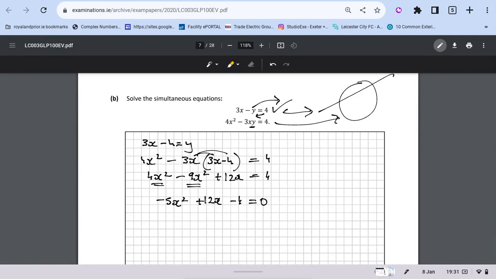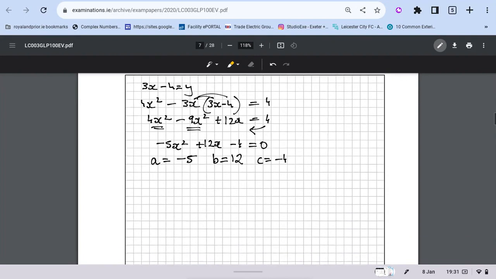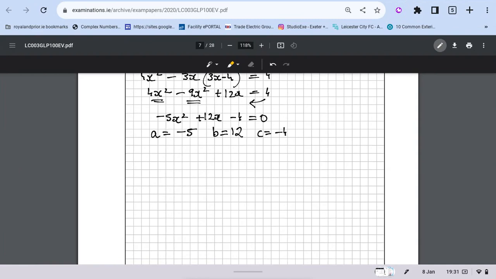From here, I would do my minus b formula. I got my minus 4 from just bringing that 4 across. So my a is the number in front of x squared, which is minus 5. B is 12. C is minus 4. Throw that into my minus b.